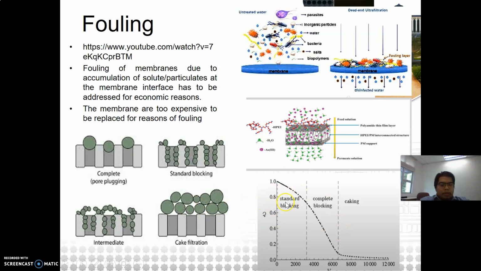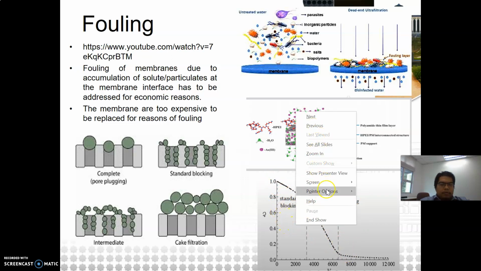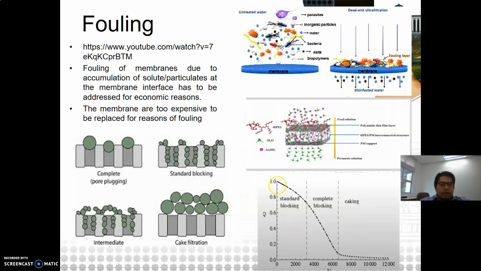If we look at the flow rate, at this stage we still have a good flow rate. However, when we go to complete blocking, caking, the flow rate decreases significantly.